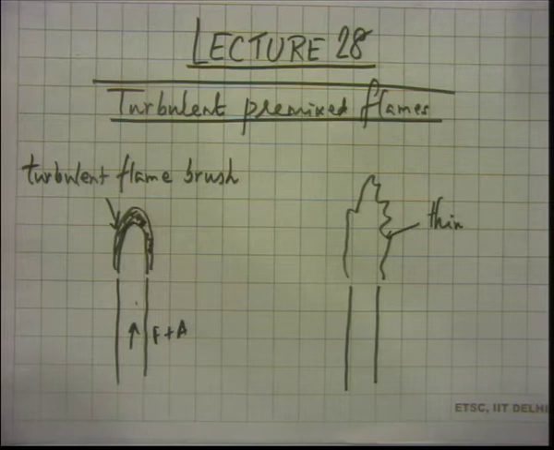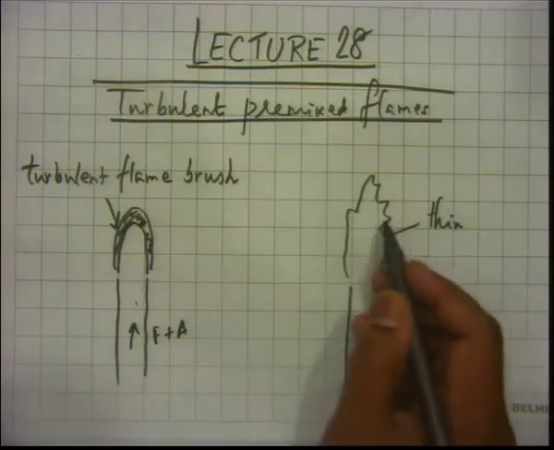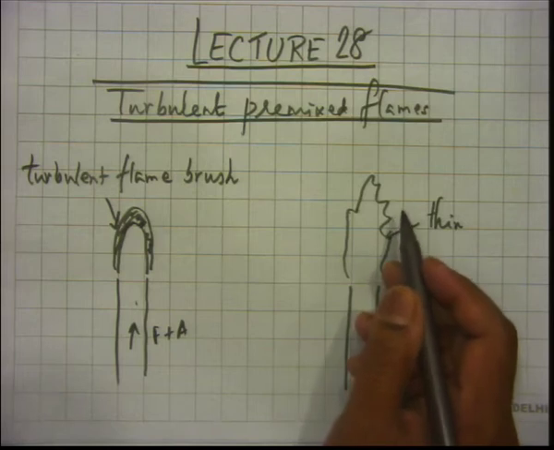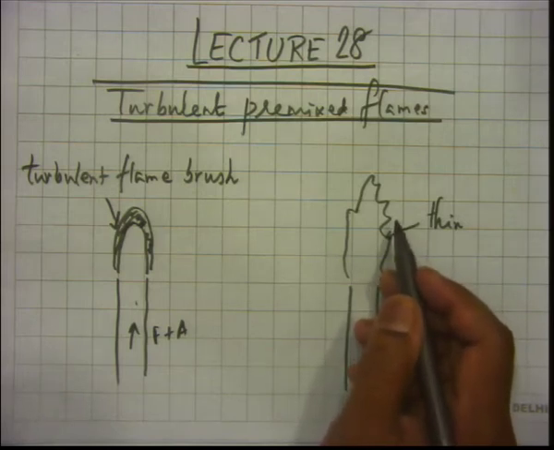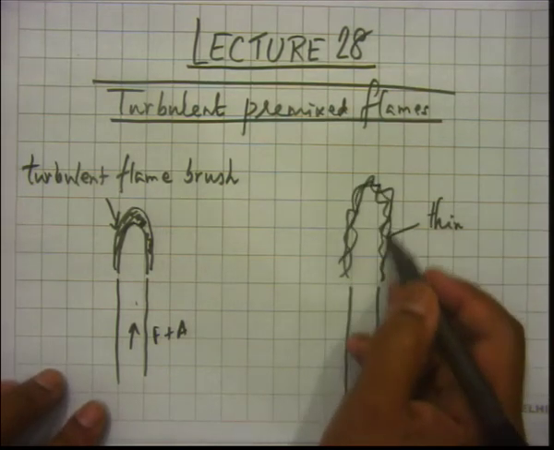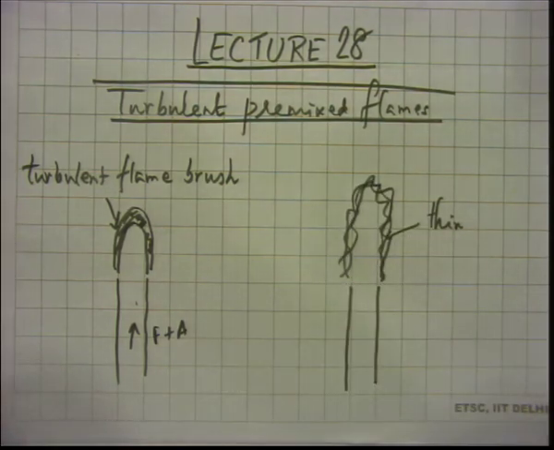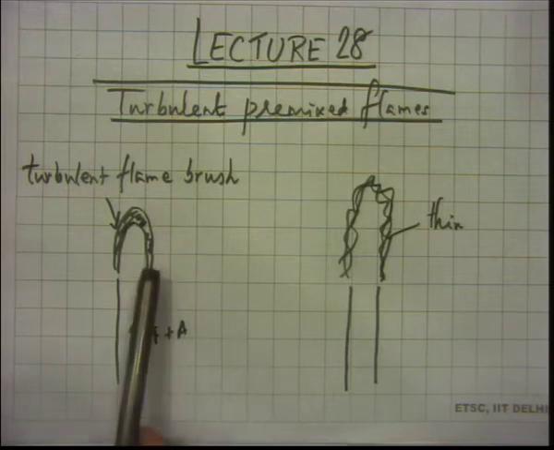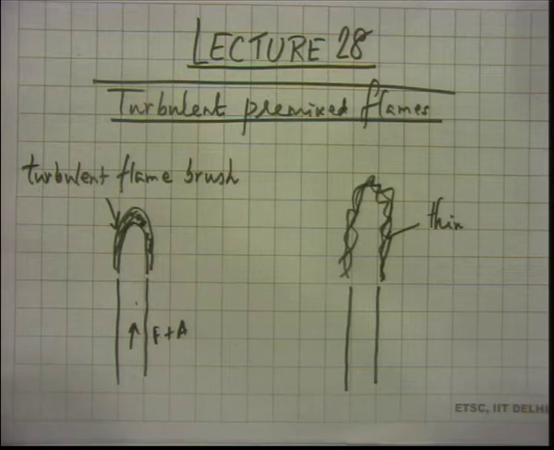Now, this instantaneous image keeps on moving about, shifting, oscillating, fluctuating, and you have multiple of those. When you superimpose these instantaneous images one over the other, you should be able to get a flame like this turbulent flame brush. So, the instantaneous flame, if you are able to resolve it, is actually thin and highly convoluted.